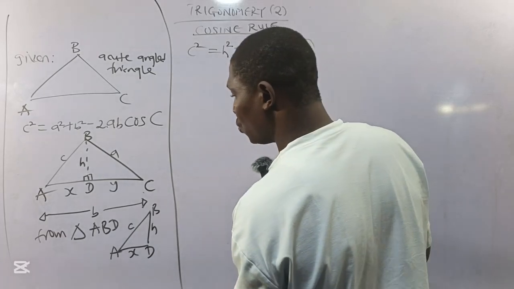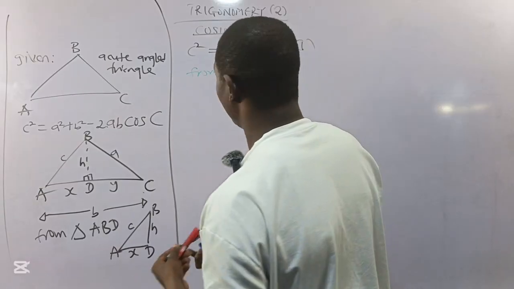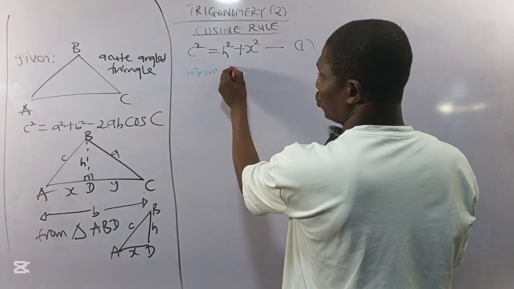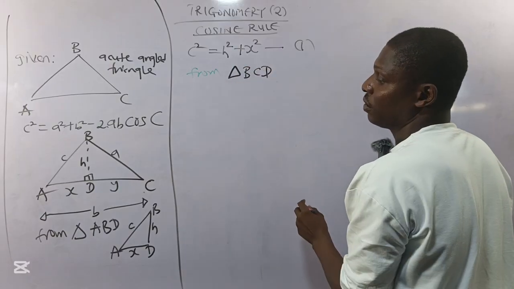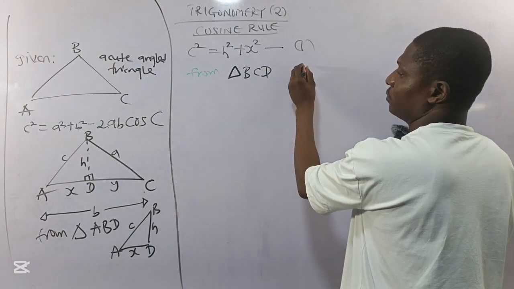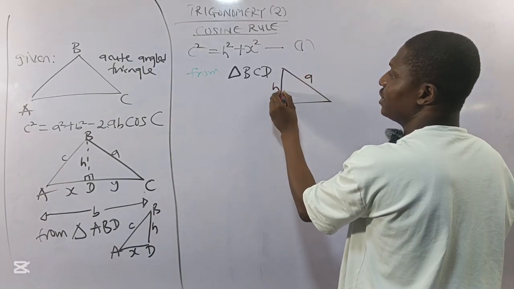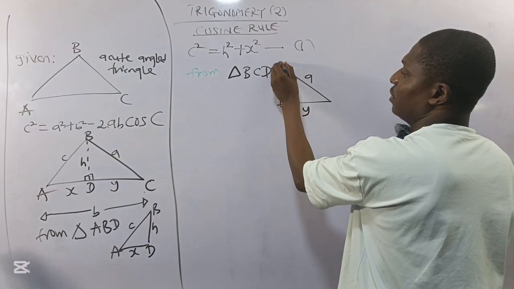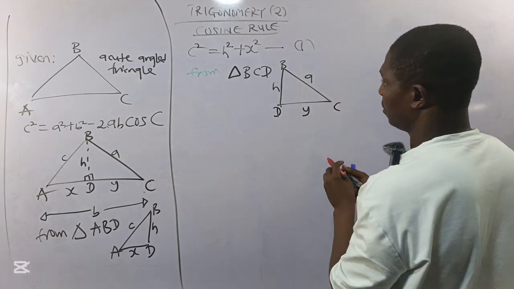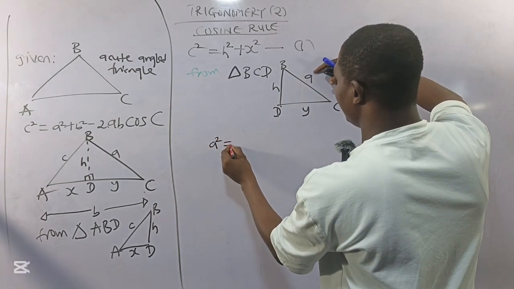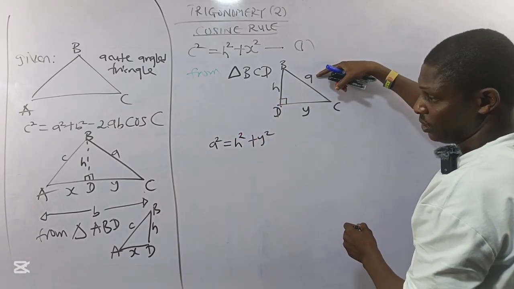And also from triangle BCD, which is this, this is a, this is H, this is Y, B, C, and D. From this triangle here, we can see that A squared this time is equal to H squared plus Y squared, because our A is the hypotenuse in this case.